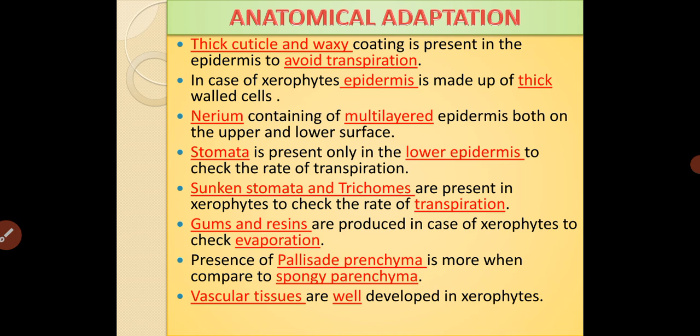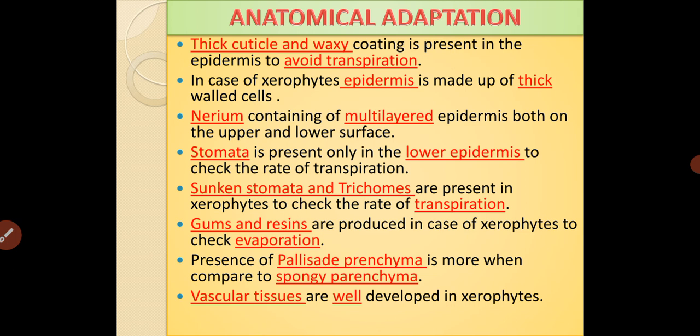Anatomical adaptation: the cuticle is thick and a waxy coating is seen in the epidermis, which avoids the transpiration. In case of xerophytes, the epidermis is made up of thick walled cells. If you observe the nerium, it shows multi-layered epidermis both on the upper as well as on the lower surface.